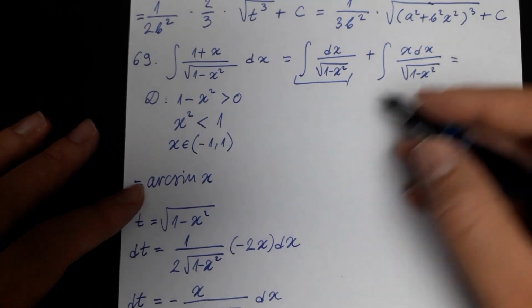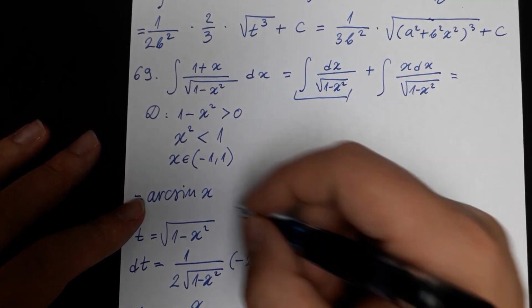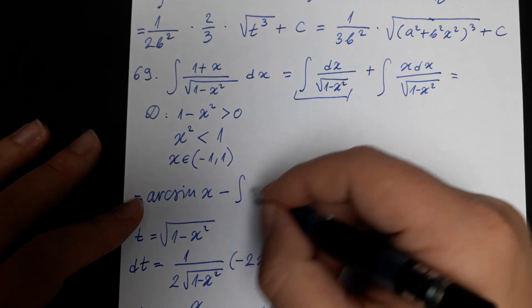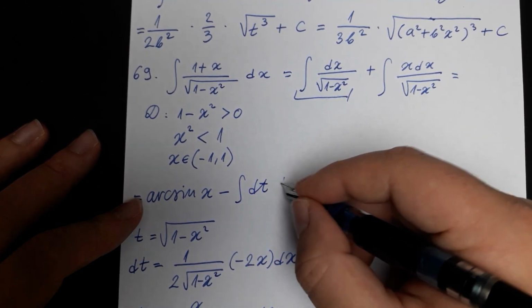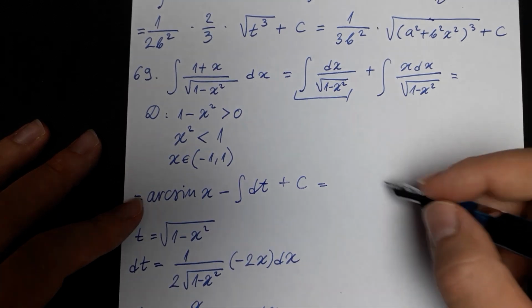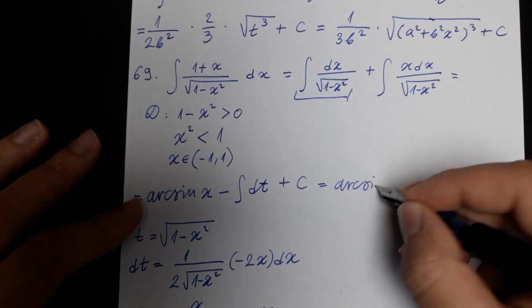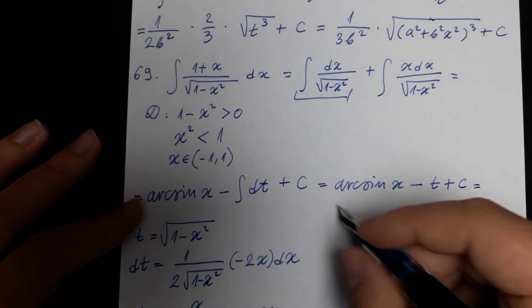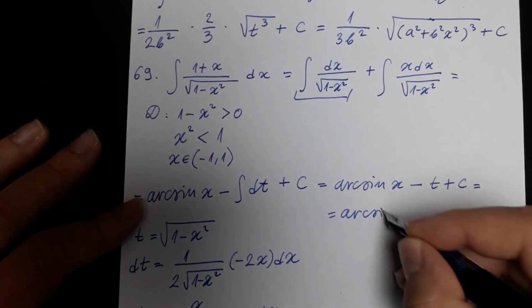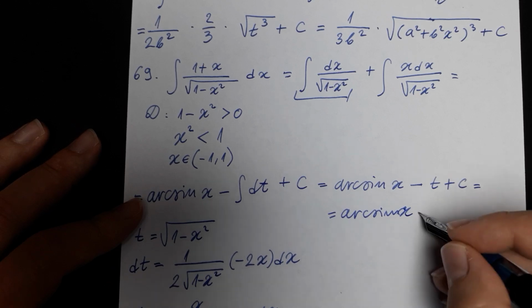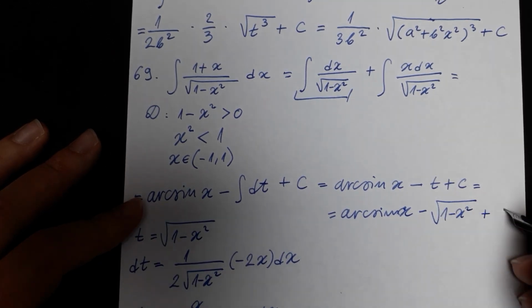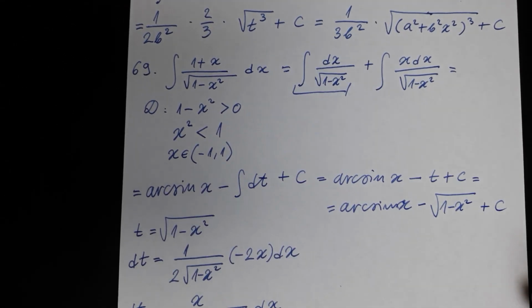When we return into our problem, this then becomes minus an integral of dt and plus an arbitrary constant c, which is arcus sine of x minus t plus c, which is equal to arcus sine of x minus a square root of 1 minus x squared plus c.